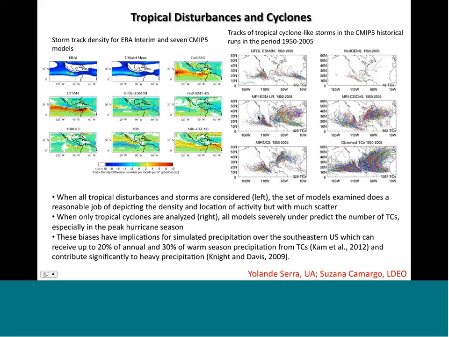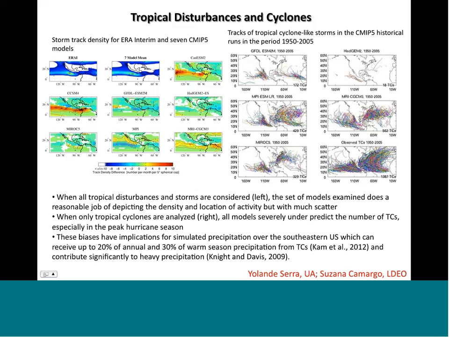Over on the right, this is a similar kind of analysis, but focusing on tropical cyclone-like storms, so the more powerful storms, tropical storms, and hurricanes. And this is showing storm tracks from the models, and the observations are down here for the last 50 years. And you can see all of the models severely underestimate the frequency of tropical cyclone-like storms.